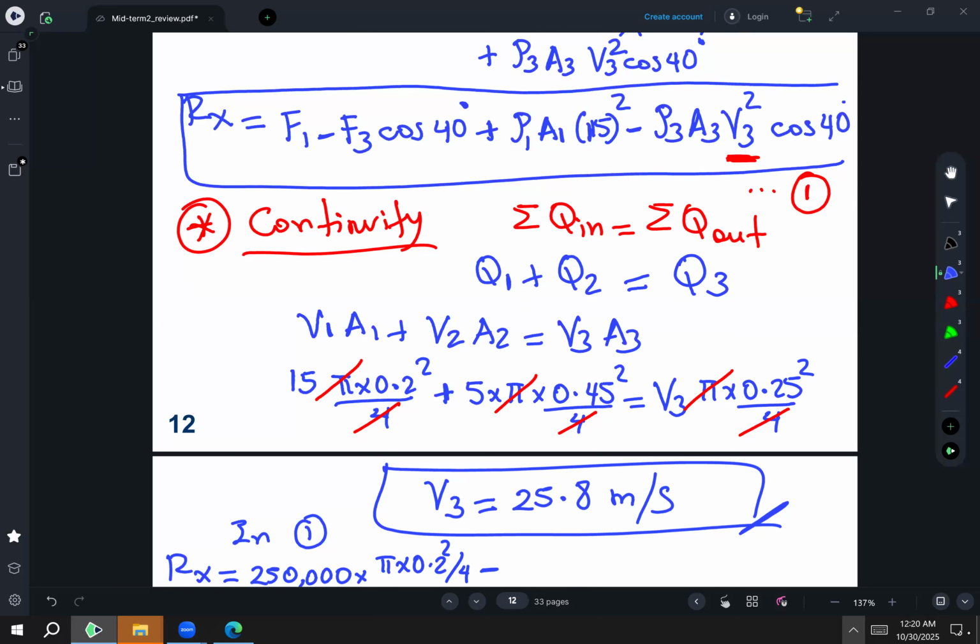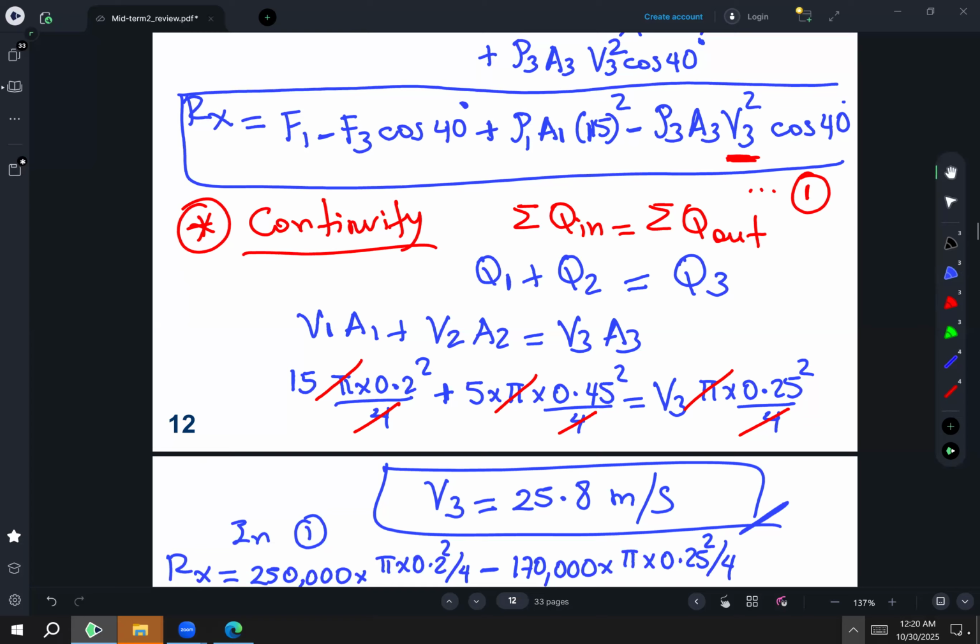minus F3, the force F3. The force F3 will be pressure times area, and the pressure is 170,000 pascals times the area 3, so it's going to be pi times 0.25 squared divided by 4.